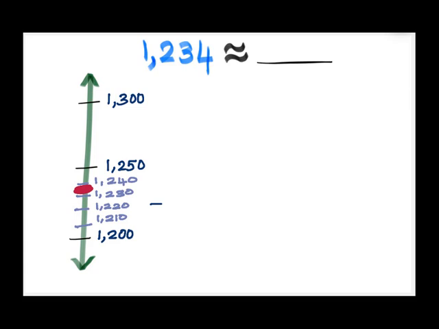When we plot 1234 on the vertical number line, we can see that it is less than halfway between 1200 and 1300. So 1234 should be rounded to the nearest hundred, which is 1200, and it is not 1300, because 1300 is very far from the number 1234.